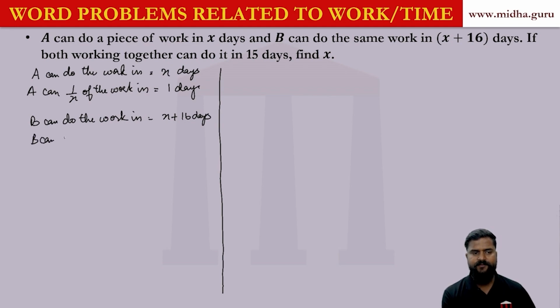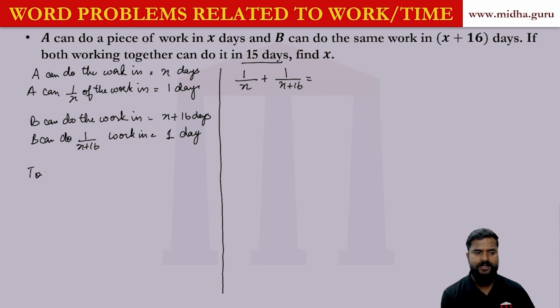So if we take again work to be a single unit, that is the whole work as one unit, we'll divide it by x plus 16, we'll get 1 by x plus 16 of the work in x plus 16 by x plus 16, you guessed it, 1 day. Now since A works this much and B works this much, this should give us how much they both can work in 1 day together, right? So we can get that also from this statement here.